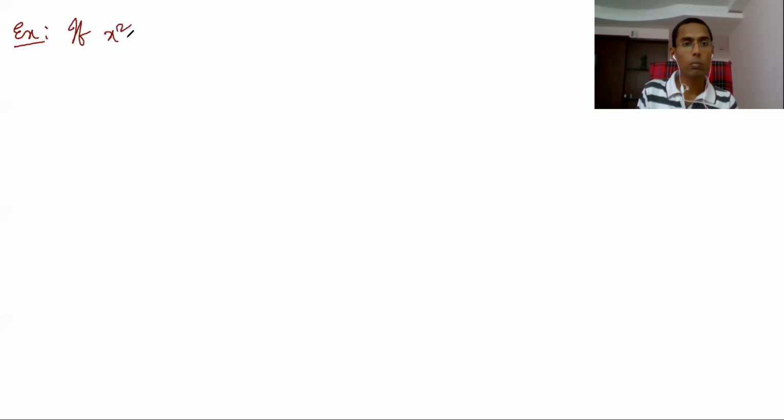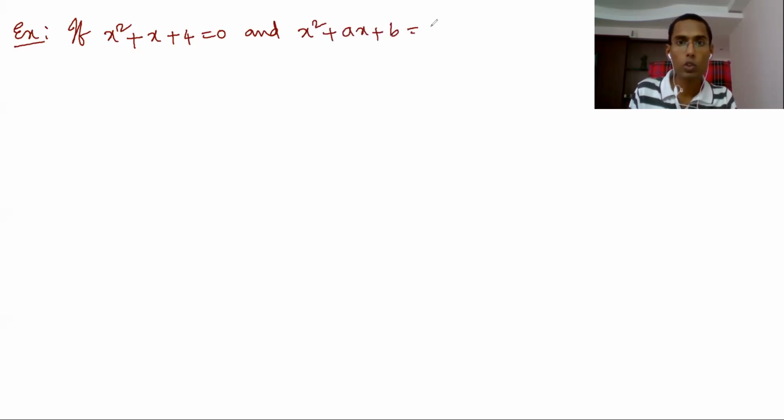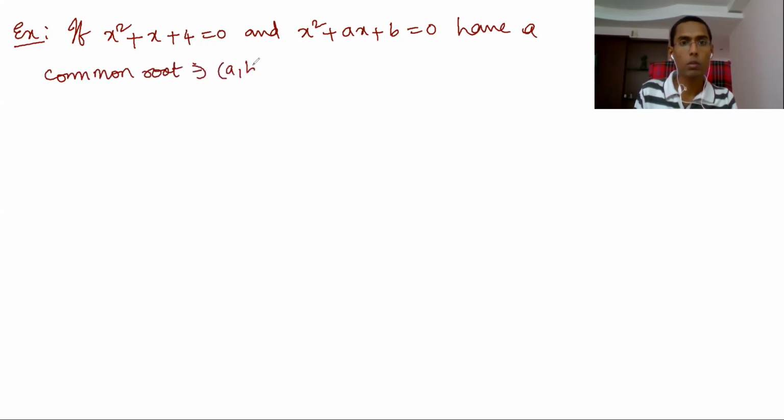If x square plus x plus 4 equal to 0 and x square plus ax plus b equal to 0 both have a common root, such that a, b belong to real numbers, then find a and b.